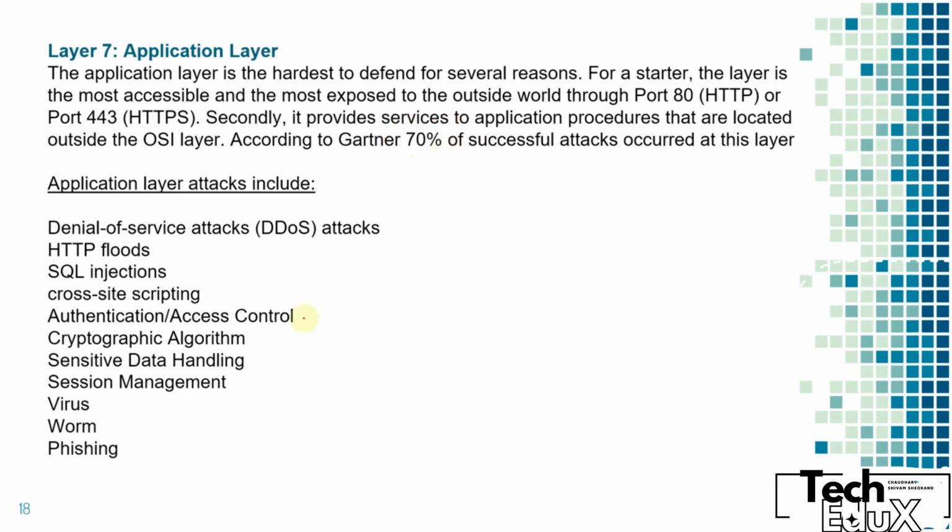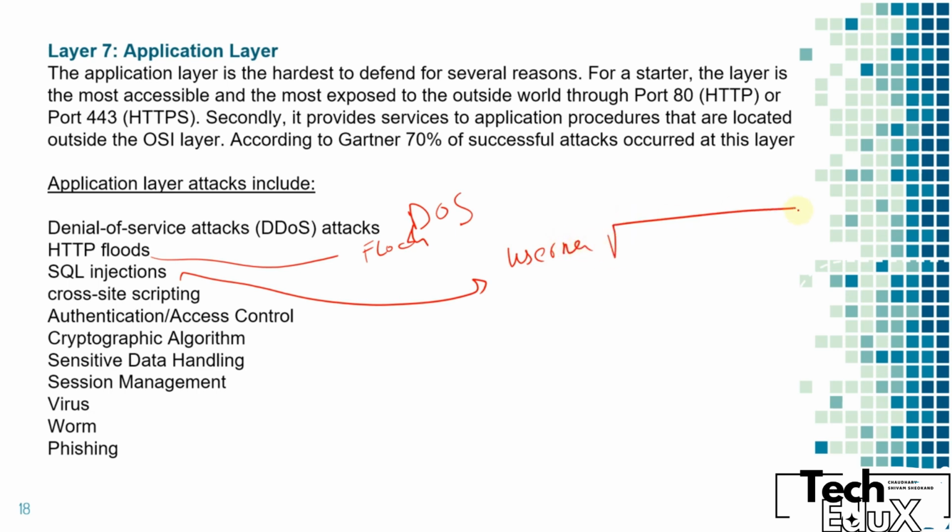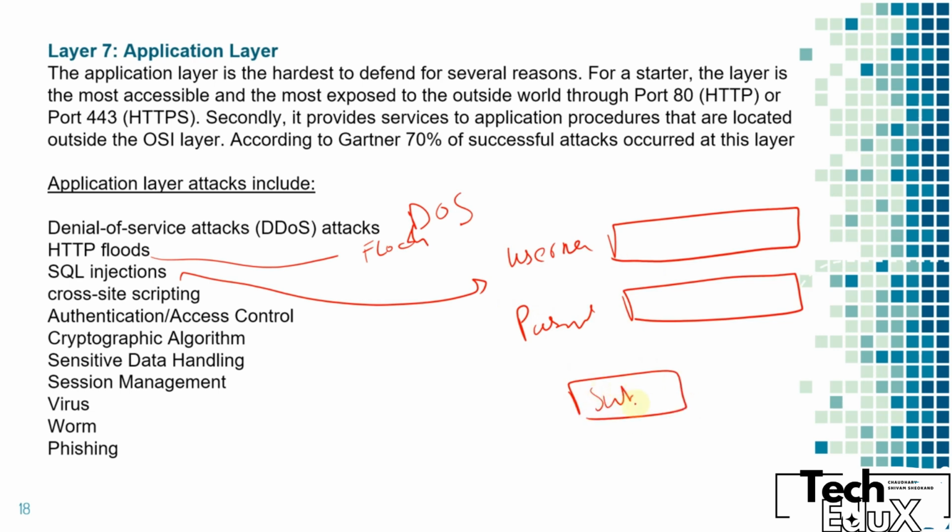So what kind of attacks are those? As I said earlier, denial of service attacks. We have HTTP flooding attacks. We have SQL injections, because in the username we have a text box, in the password we have a text box, and we have one button to submit.